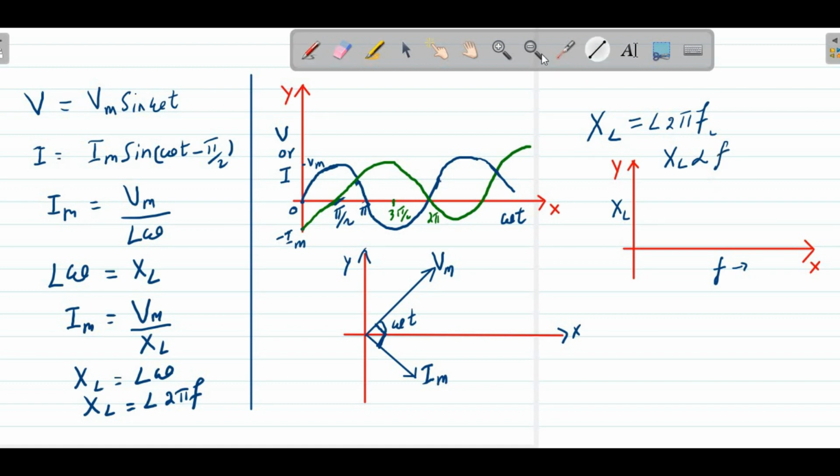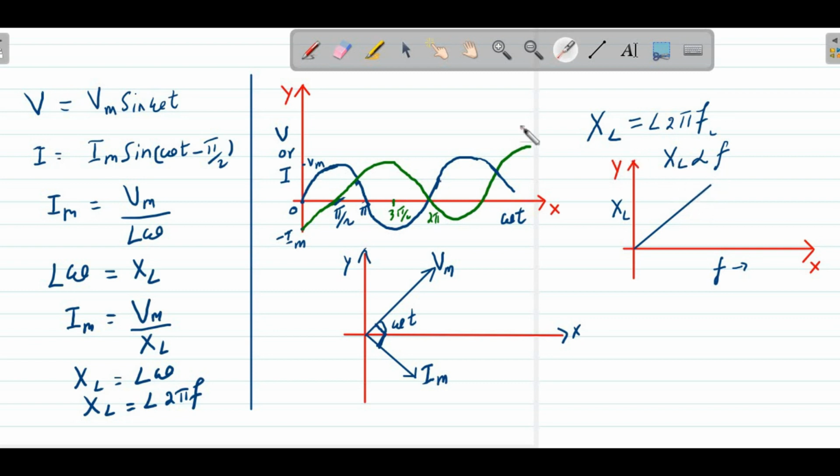So we'll get a linear graph, like this. The inductive reactance increases with the frequency. The XL value is directly proportional to frequency. So high frequency AC will experience more opposition in an inductor than a low frequency AC.